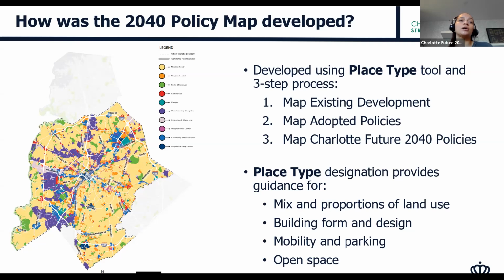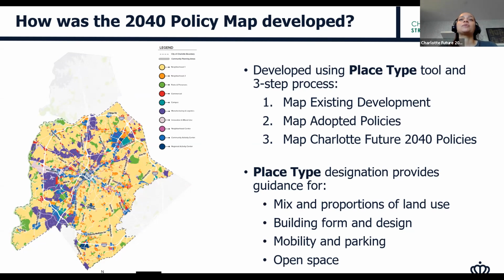A traditional land use plan typically only gives you land use and density. By comparison, place types are much more comprehensive in that they give you a mix of things that you really want to do to make a place livable, walkable, and enjoyable.